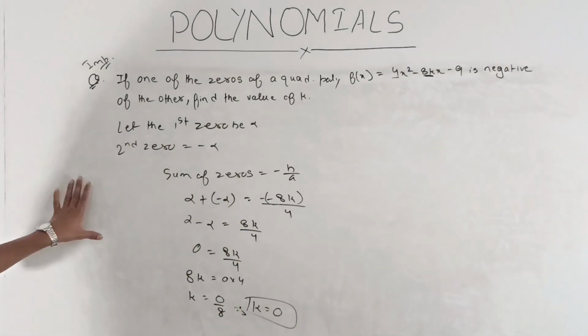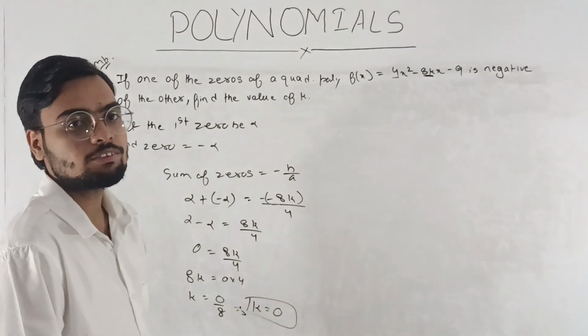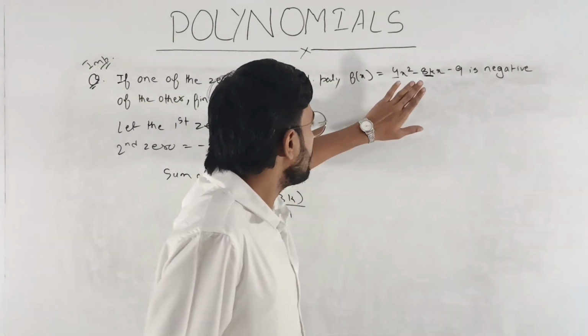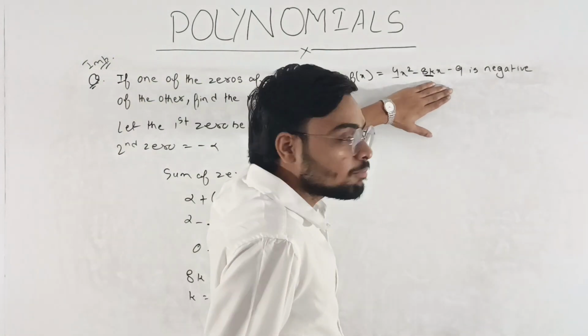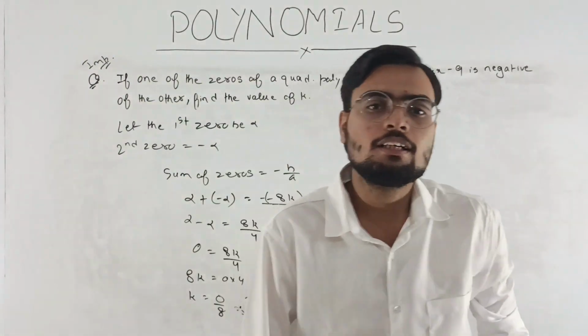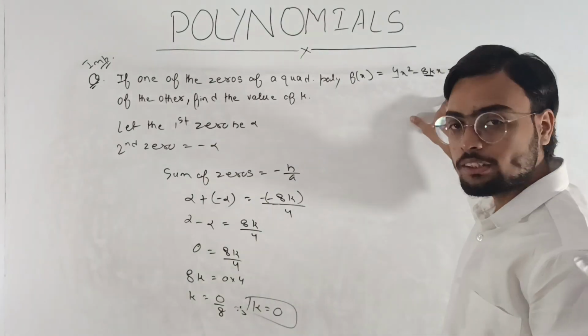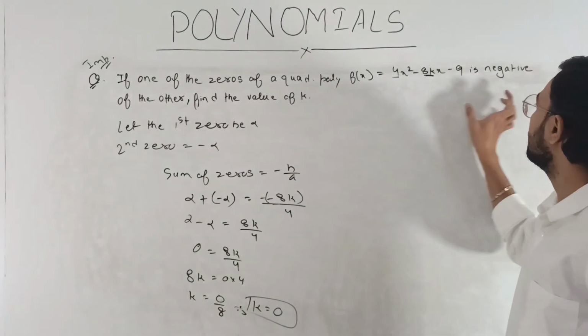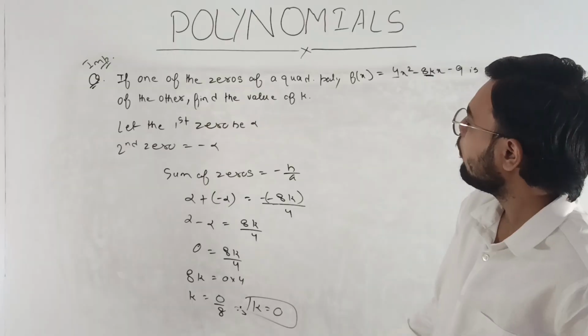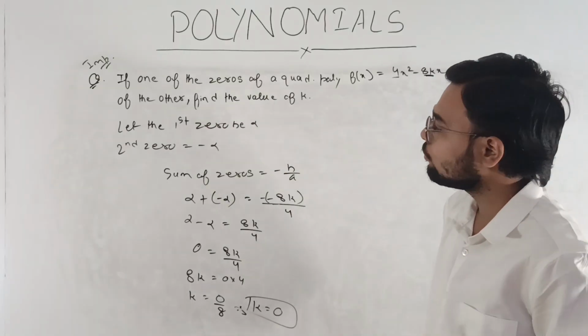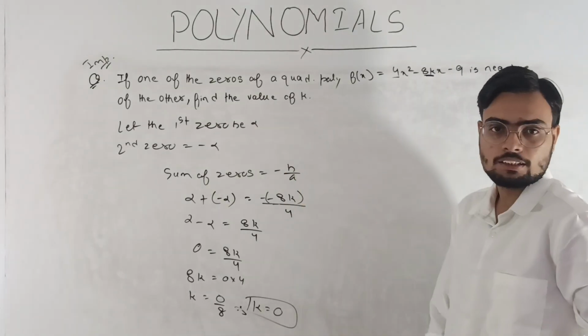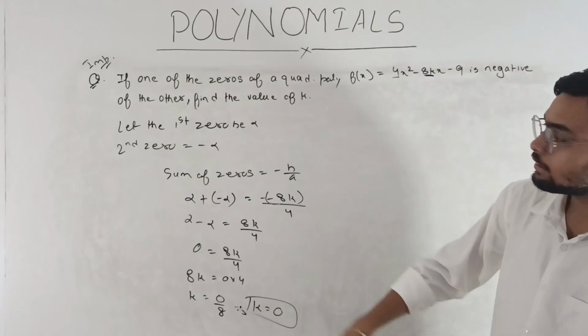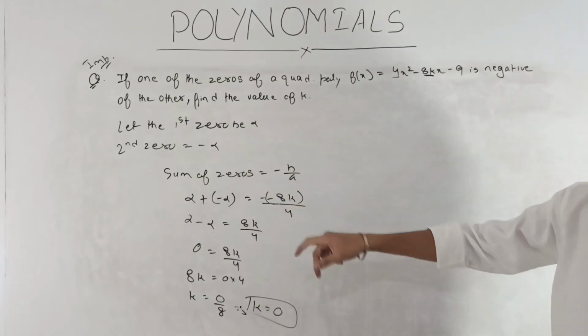Okay, let's understand this again. The question is: there is a polynomial 4x² - 8kx - 9, and one zero of this polynomial is the negative of the other zero, and we have to find the value of k. So first I let the first zero be alpha, then according to the question the second zero is minus alpha, because the second is the negative of the other.